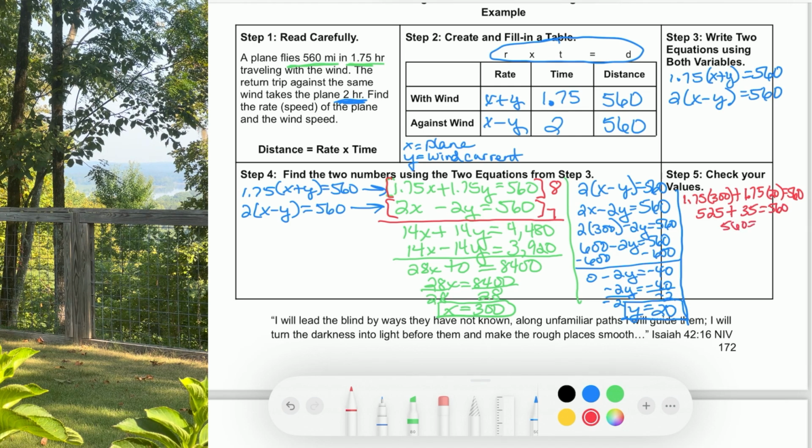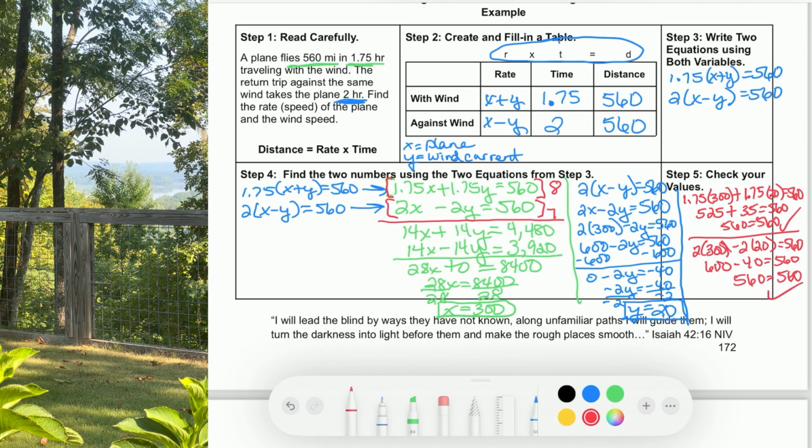And they do, in fact, equal. So we're good so far. Let's check the other one. 2 times 300 minus 2 times 20. That's 600 minus 40. And we do, in fact, equal. So that one is also correct.